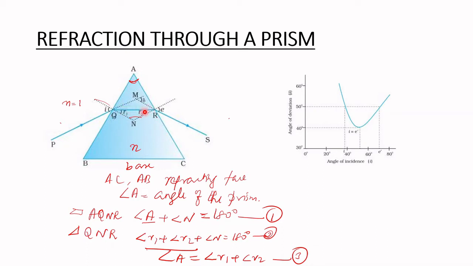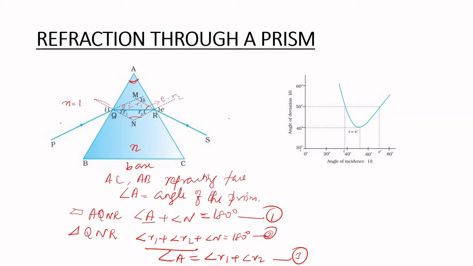So R2 is the angle over here. That means the upper angle will be E minus R2. So we will write those angles over there. This angle is I minus R1, and this angle over here, I'll write here, is E minus R2.